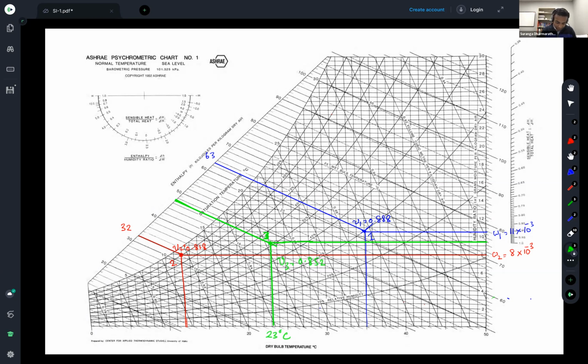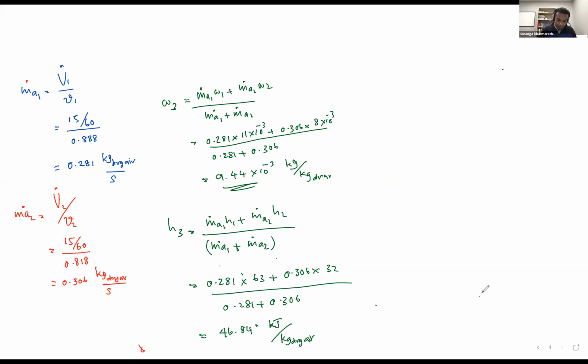Let's take back to our whiteboard. So we had this T3 is 23 degrees Celsius. That comes from the psychrometric chart.